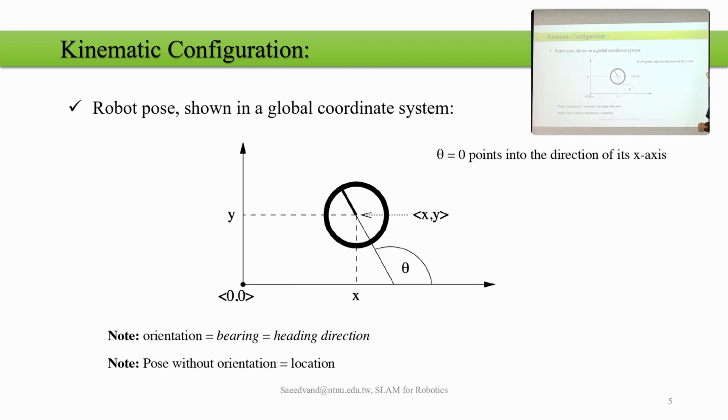I sometimes also refer to it as the angle of the heading of the robot. Here x, y, of course, is clear, and we have theta. Theta is related to the direction of the x-axis as the initial 0. So we can assume that if the robot is heading along the x-axis, theta indicates how much rotation we've had based on that 0 assumption.